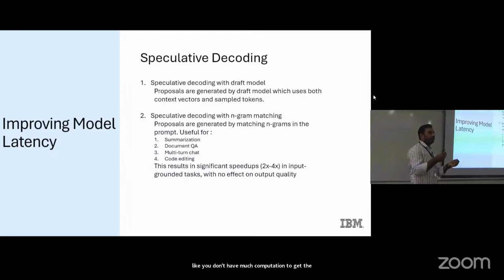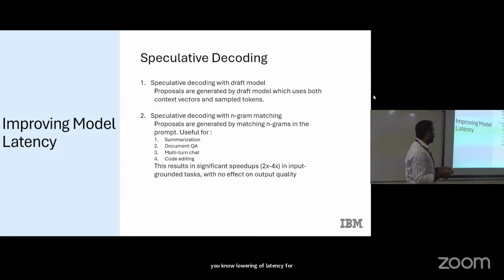So by the time the base model generates one token, the draft model can generate maybe 10 tokens. The base model can either accept or reject the tokens generated by the draft model. So here you have a direct lowering of latency if it accepts. It can also reject sometimes. And you have to train the draft model along with the base model to achieve the maximum lowering of latency for speculative decoding.